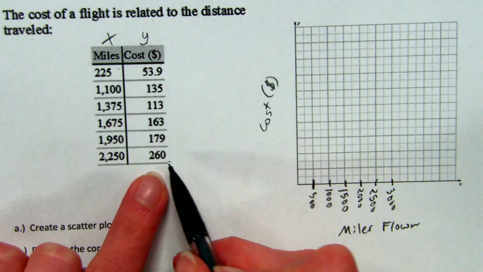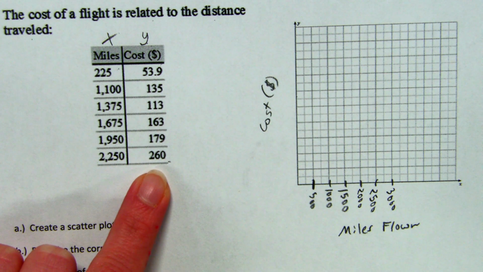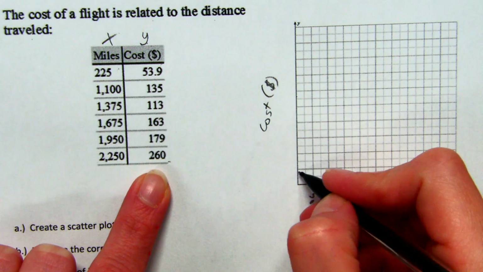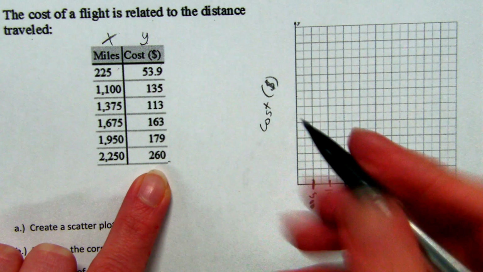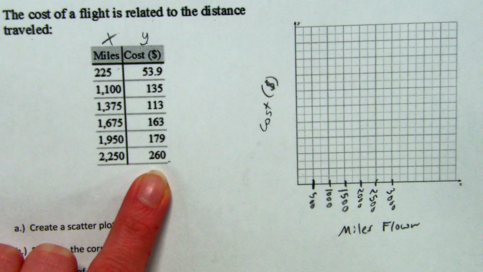And we need to go up to 260 on this side. So if you think, 300, 400, we need to go a little past that. Let's count that side by, trying to think. I think we can go by 20, can we do 25s if I go 2 spaces?